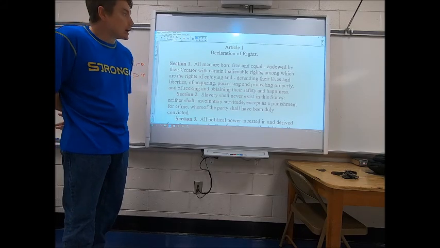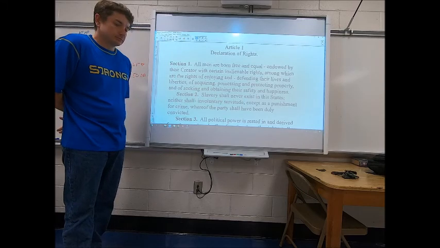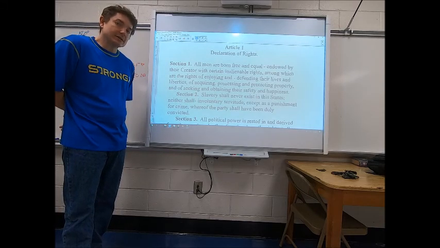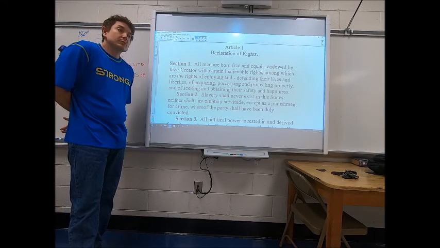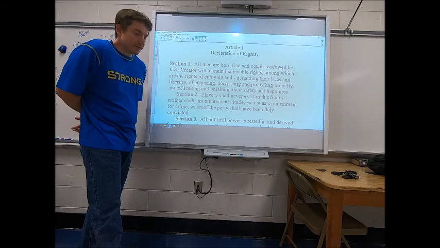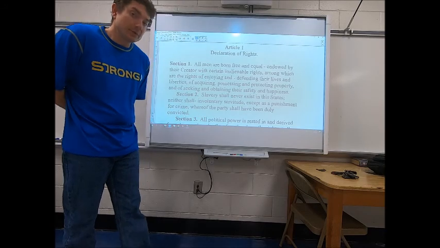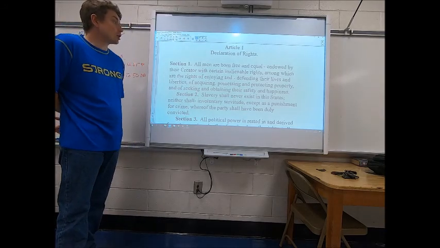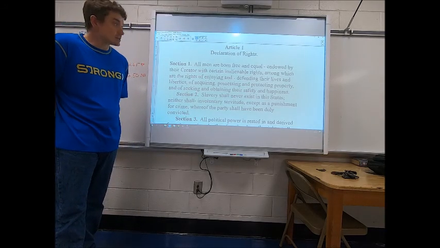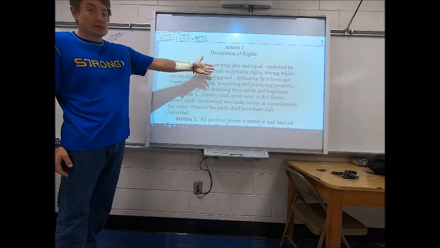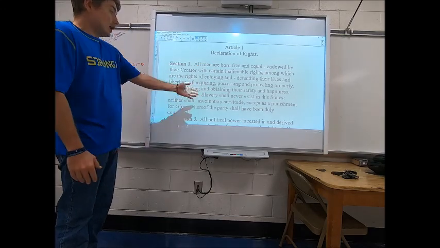This is a lot like another document that we have that says, we believe these truths to be self-evident, that all men are created equal, endowed by the Creator with certain inalienable rights, that among these are life, liberty, and the pursuit of happiness. Basically, they copied this from the Declaration of Independence.